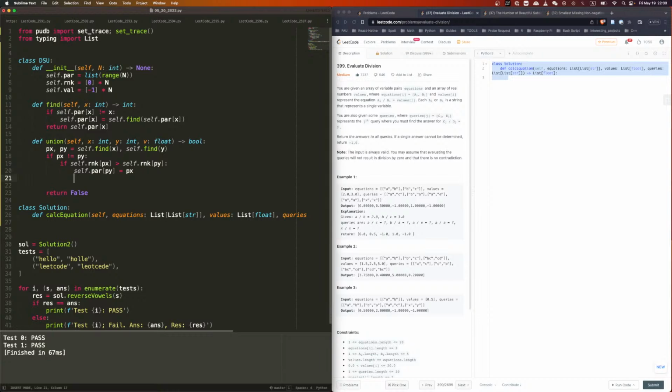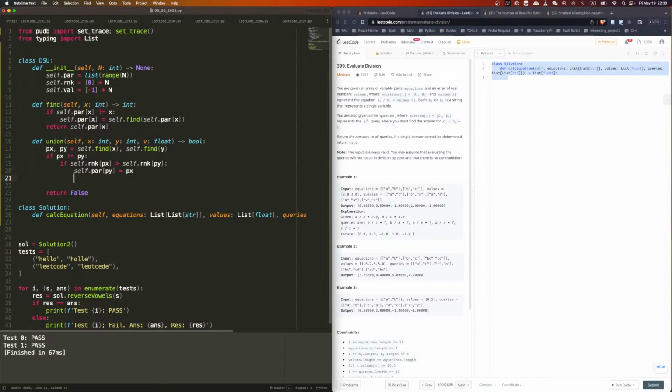I don't think it matters. Seriously, I don't think it matters, because if there is a value in x and there is a value in y, then it will always work, because they say the input is valid, so it doesn't really matter.